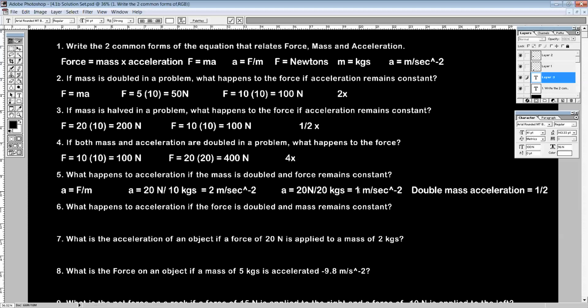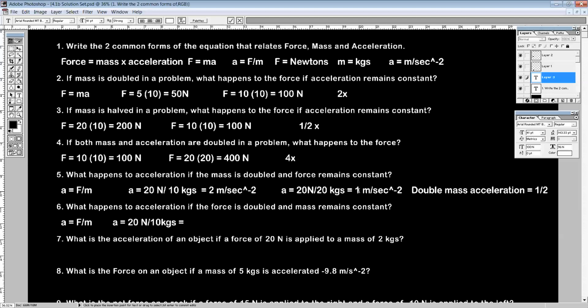All right, so this time we're going to double the force in number 6. We're going to use that same equation. Again, that's a very handy form of it. So A, let's start out with our 20 newtons again, and we'll do 10 kilos again.